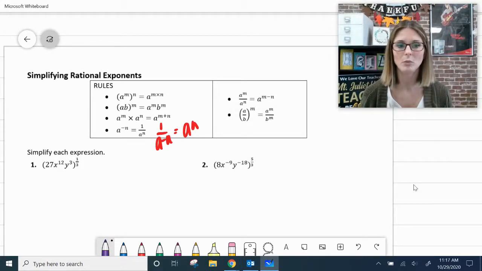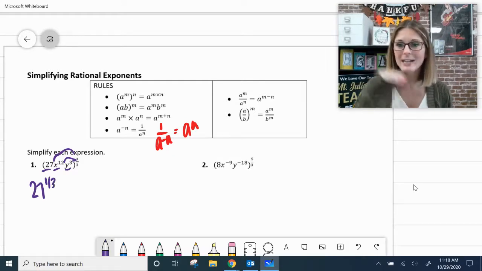So let's check out number 1. Simplify each expression. So I've got 3 things in the parentheses. You've got the 27, you've got the x, and you've got the y, all raised to the 1/3. So I'm going to use that second rule that's listed. I'm going to give everybody the 1/3. So I'll have 27 to the 1/3. For x, it already had an exponent, x to the 12th.